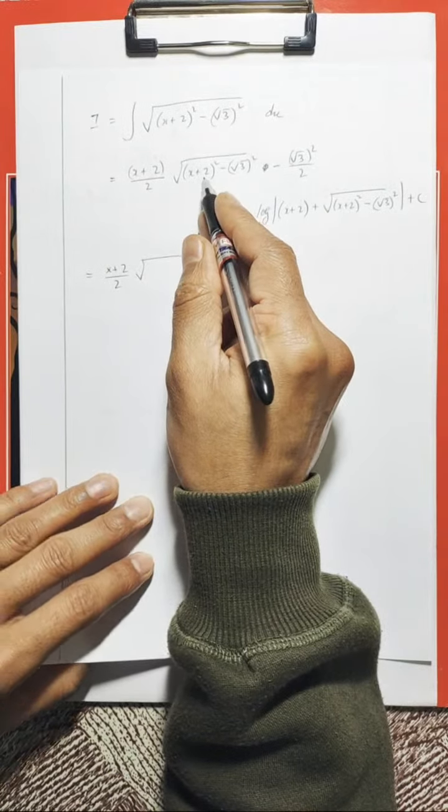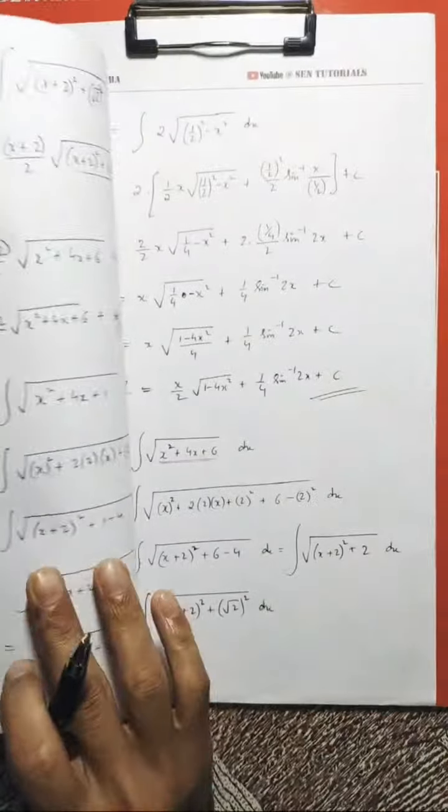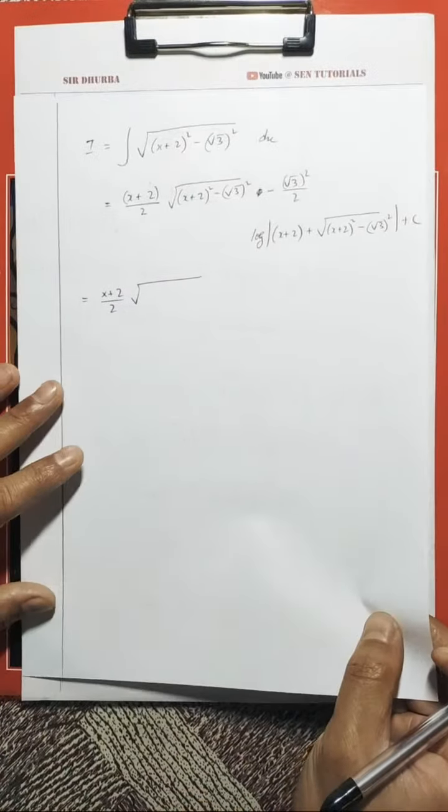This value again, we can use the value directly. What was that? X square plus 4x minus 1.